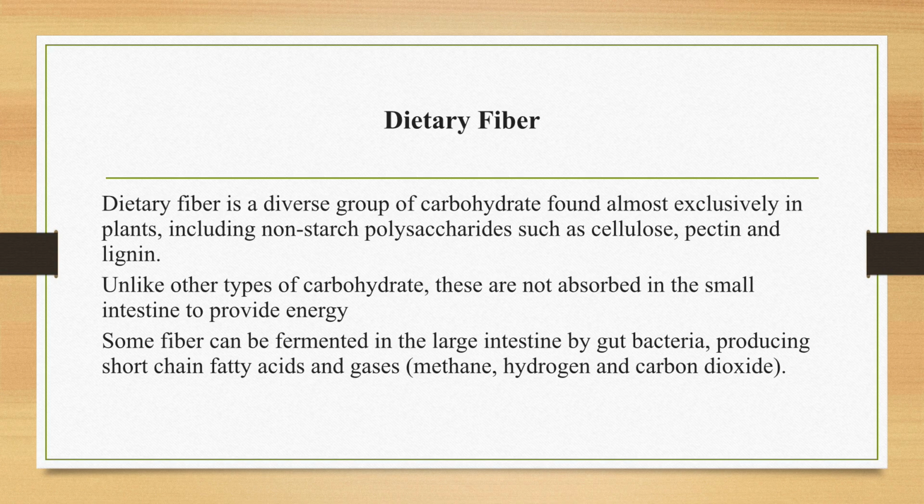These bacteria help in the breakdown or fermentation of these dietary fibers and produce short chain fatty acids such as acetate and butyrate, and produce gases. These gases are methane, hydrogen, and carbon dioxide. These help in our digestion, not in producing energy.